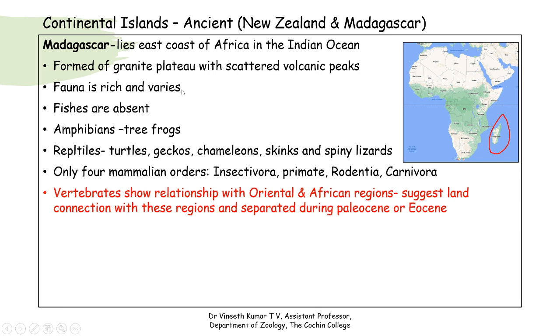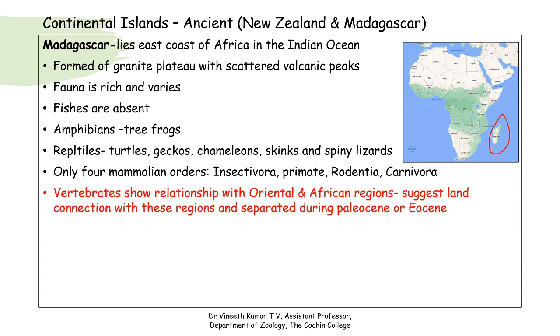So these are the two examples. In continental islands, we saw two examples of ancient continental islands, New Zealand and Madagascar. We designated them as ancient depending upon the diversity and the presence of ancient fauna.